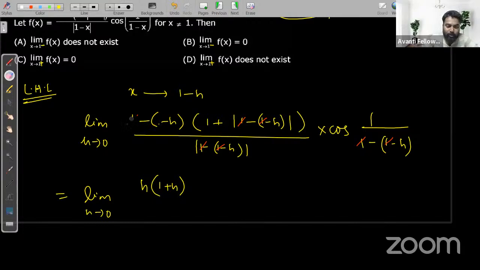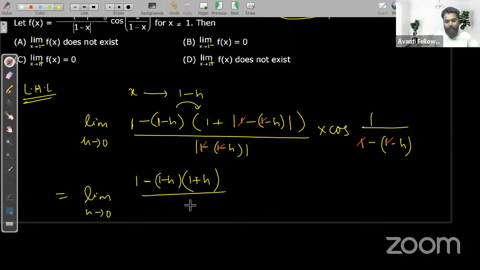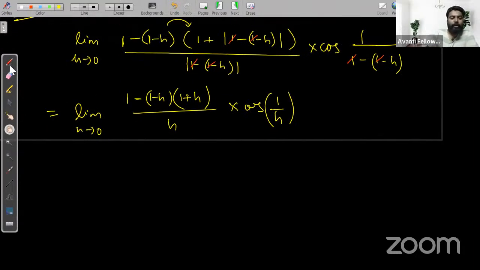This can't be cancelled out, because this 1 is multiplied with this. Sorry, this happened by mistake. So this will be 1 minus h into 1 plus h, divided by h into cos of 1 by h, right?